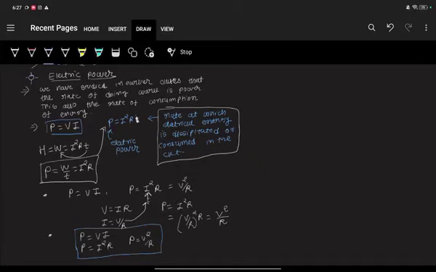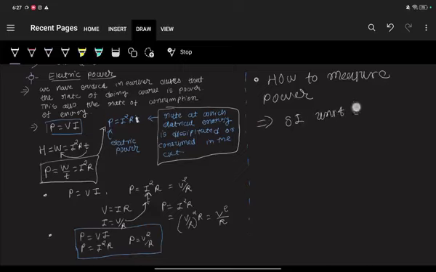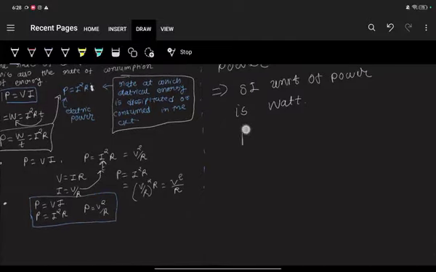So how to measure power? Or simply, what is its SI unit? The SI unit of power is watt, W A T T. So what is 1 watt?